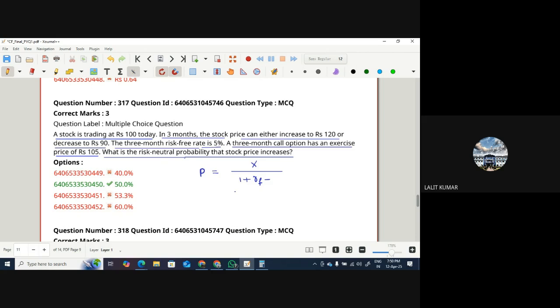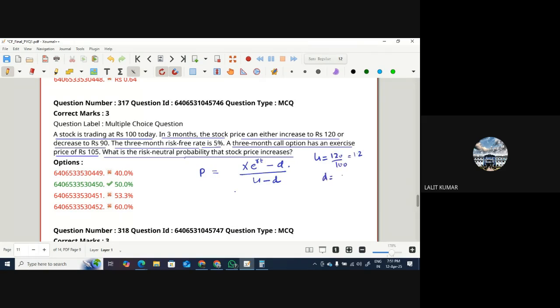Does somebody remember this formula? Sir, 1 plus RF minus D upon U minus D. Yes. Okay, and U will become 120/100, which is 1.2.